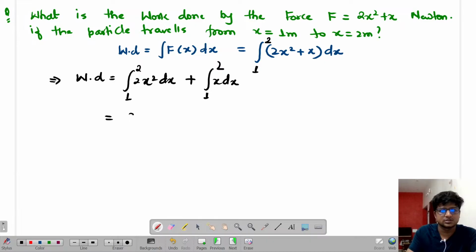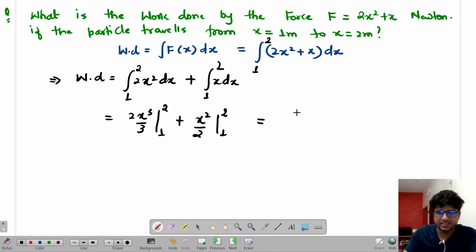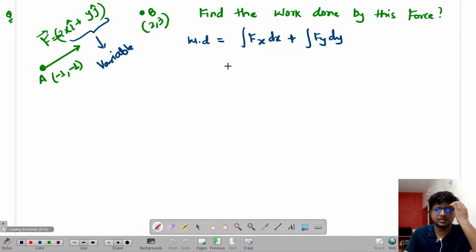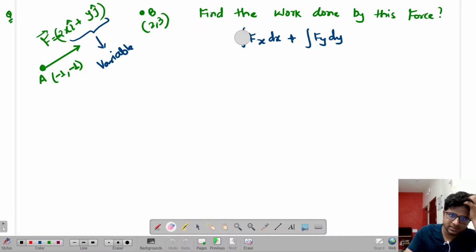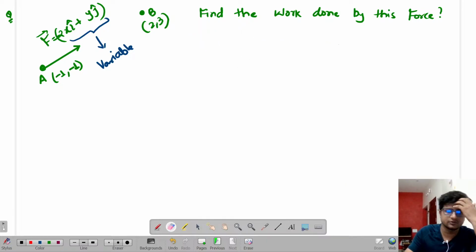This is 2x cubed by 3 from 1 to 2 plus x square by 2 from 1 to 2. If you solve it, you get the answer 37 by 6 joules.